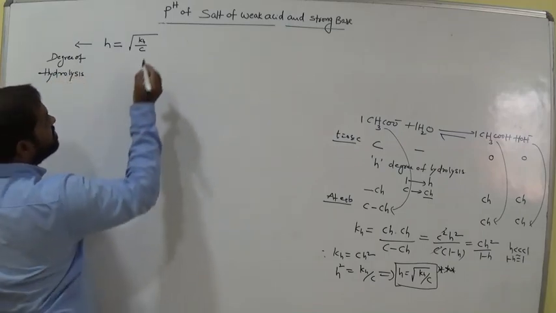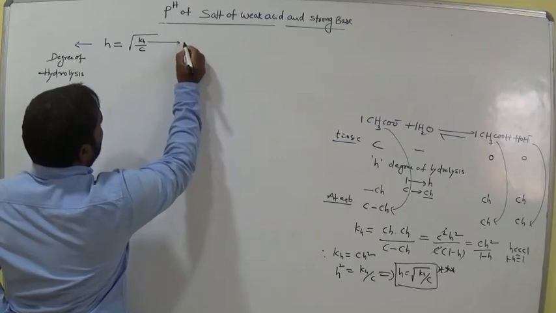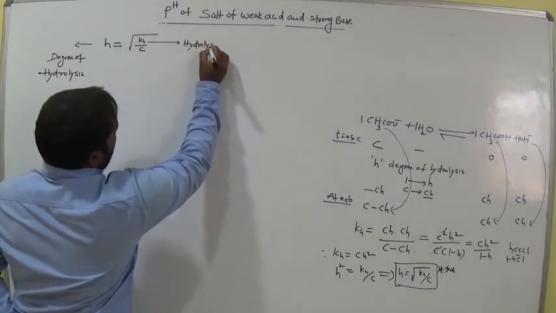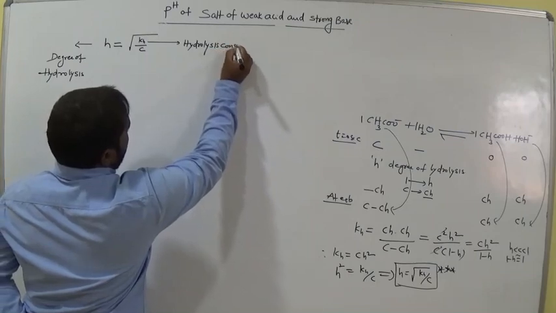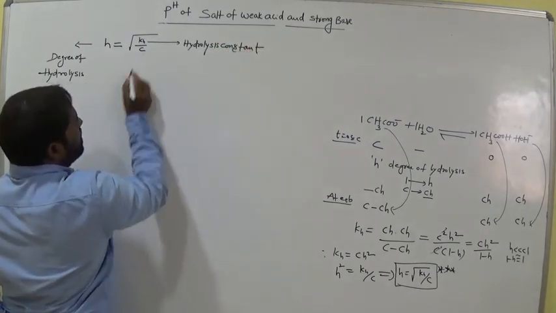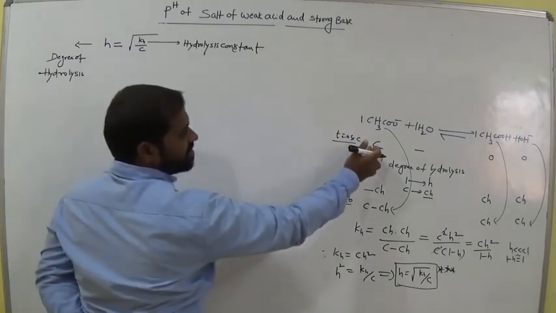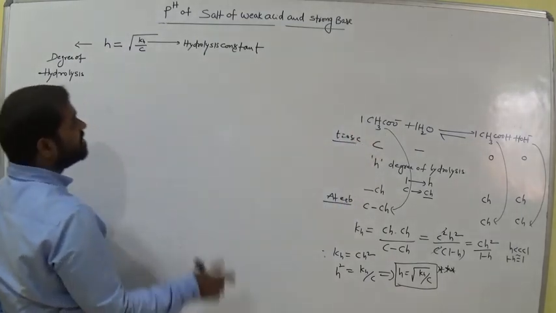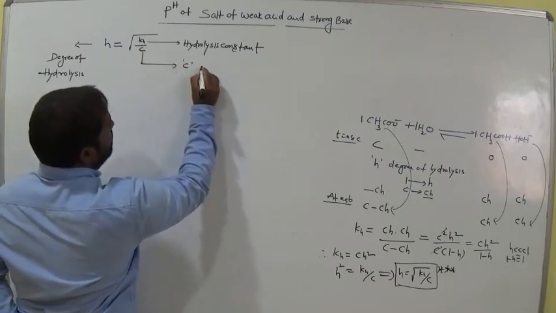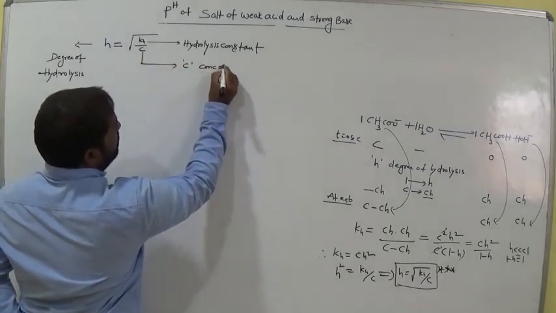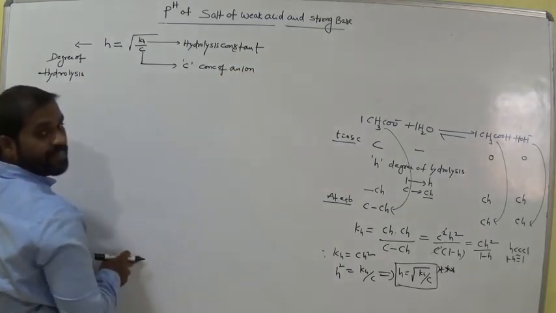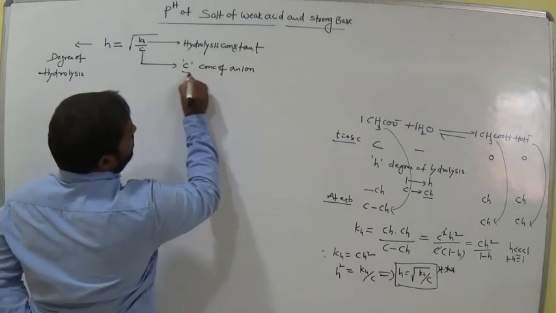And what about this Kh? This Kh is the hydrolysis constant. What about this C? This is the concentration of anion. Am I right? C is the concentration of anion, where it is the acetate ion. Clear? Concentration of anion.